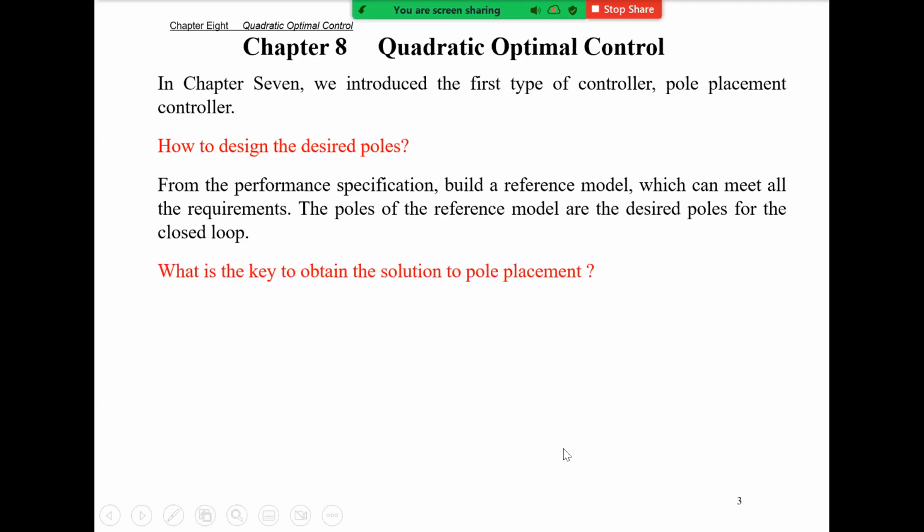Now, can you recall the key step to obtain the solution to the pole placement problem? What was the trick? What was the key knowledge we used to get the solution?